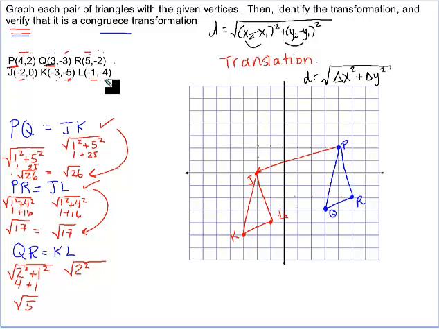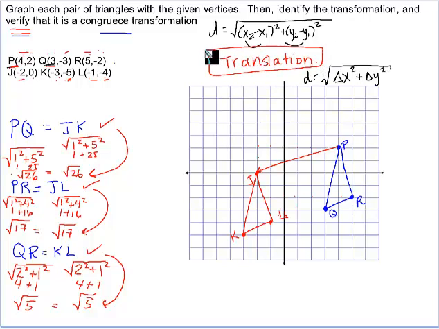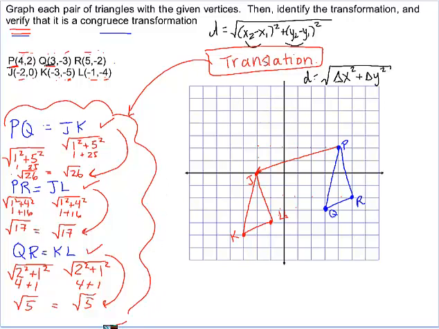Negative 5 to negative 4 changes 1, so 1 squared for our y's. 2 squared is 4, 1 squared is 1, 4 plus 1 is 5. These are both the square root of 5, so those are also equal. There's our work. So there we verified that it's a congruence transformation. So not only do we have to say that this is a translation, we also need to show that the three sides do end up being the same, and there is our work for showing it.